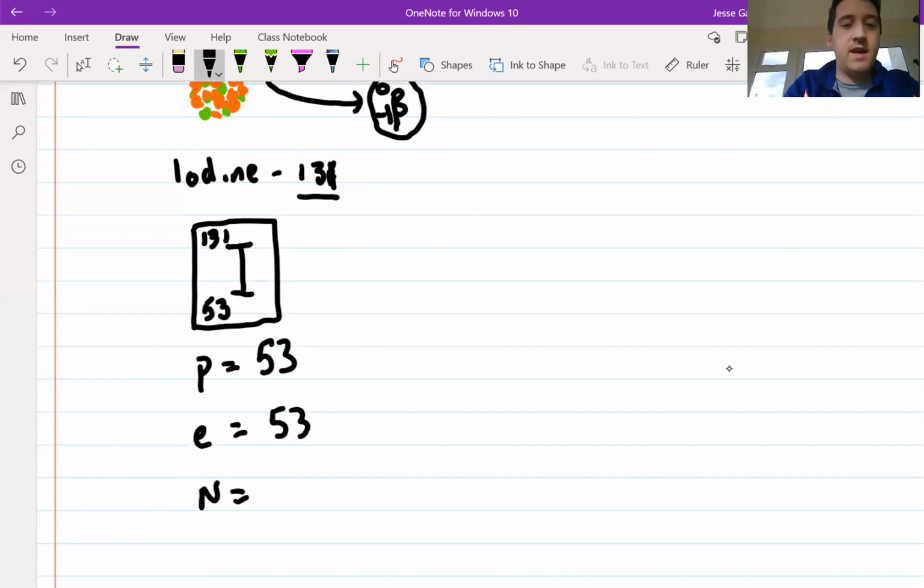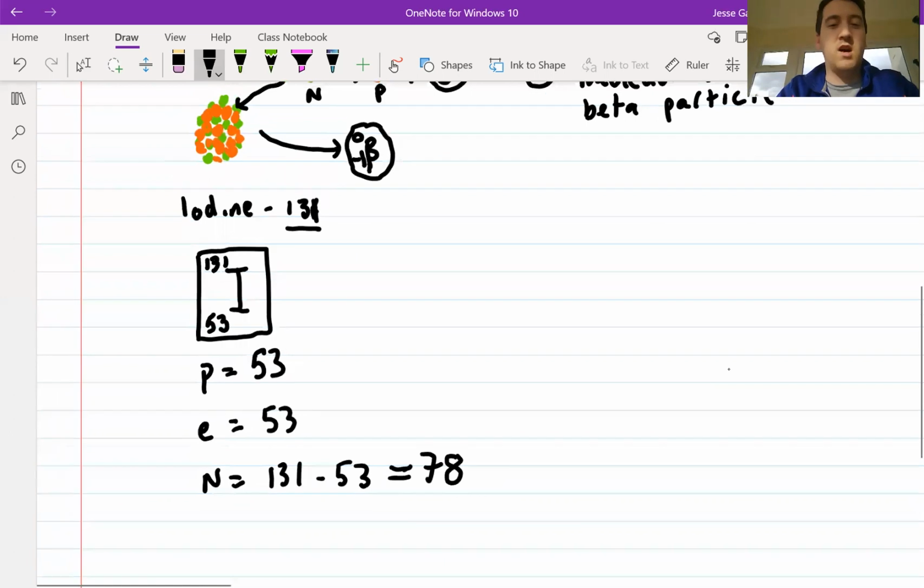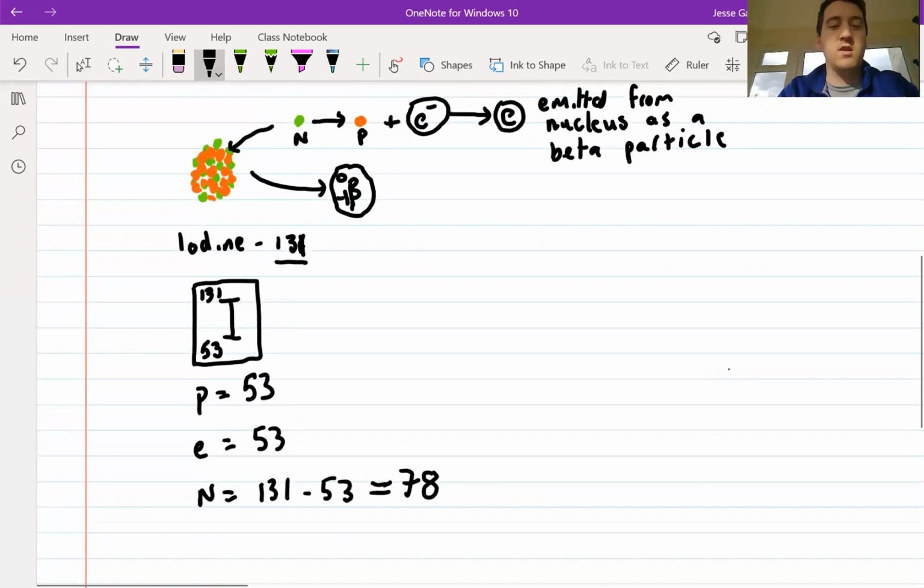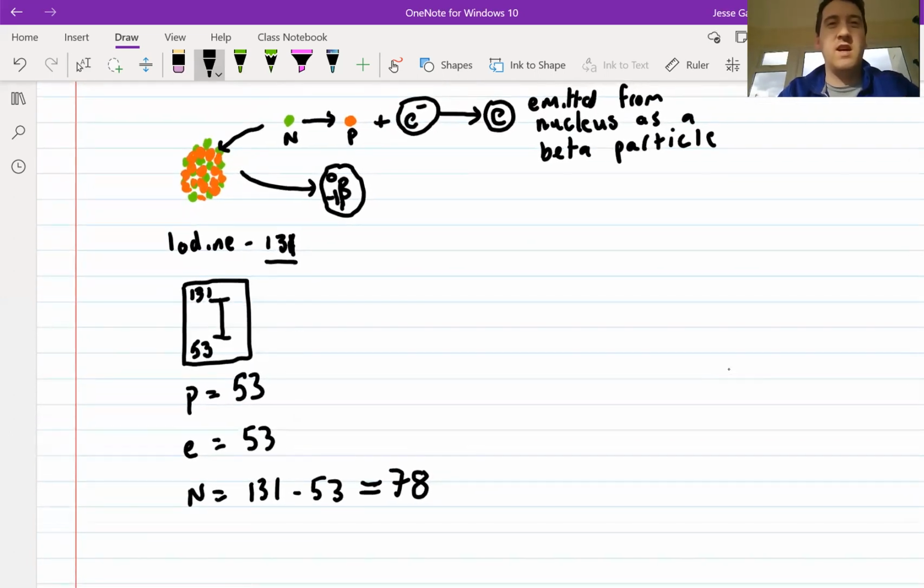It normally has 131, take away 53. So that's the mass number take away the atomic number. That's going to give me 78. So before the beta decay, this is the way the numbers are. We've got 53 protons, 53 electrons, and 78 neutrons.